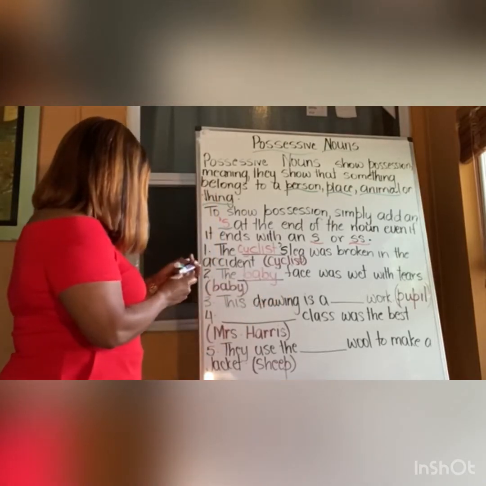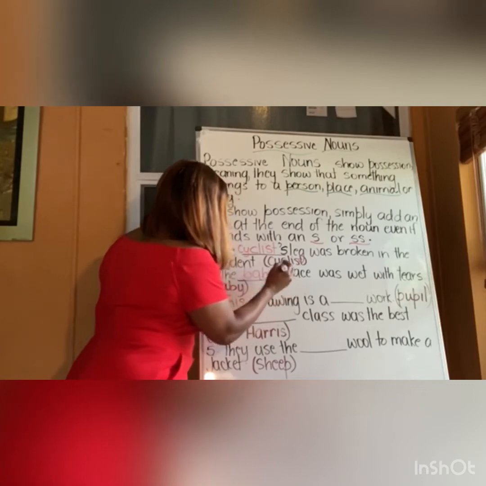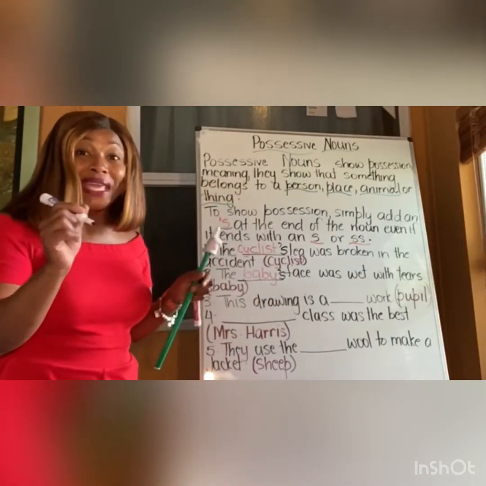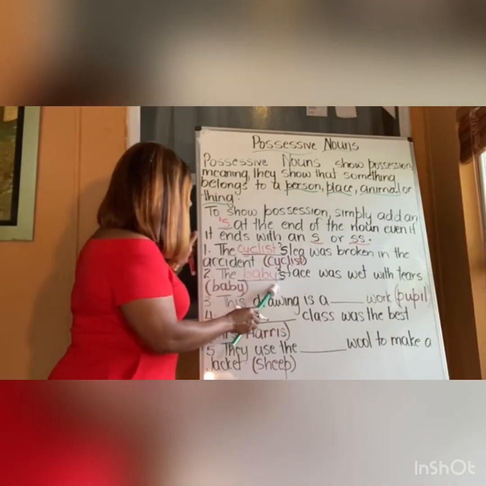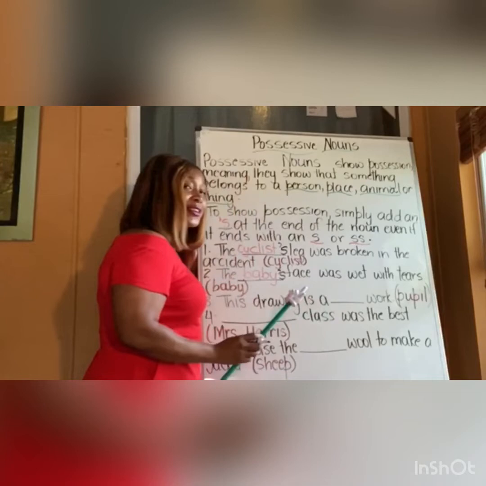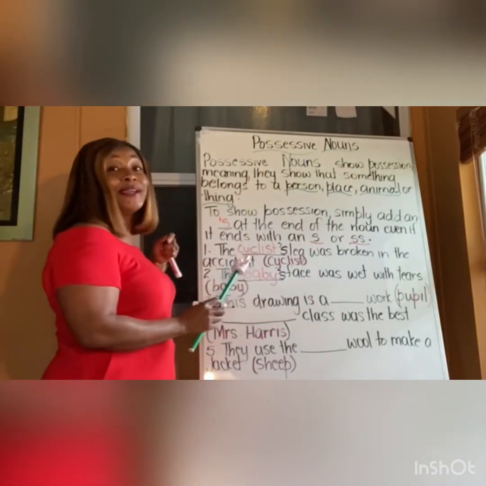And then we're adding the apostrophe S. Remember, it's singular, so it is one baby. So the baby's face was wet with tears. One baby. So we're not troubling this Y.